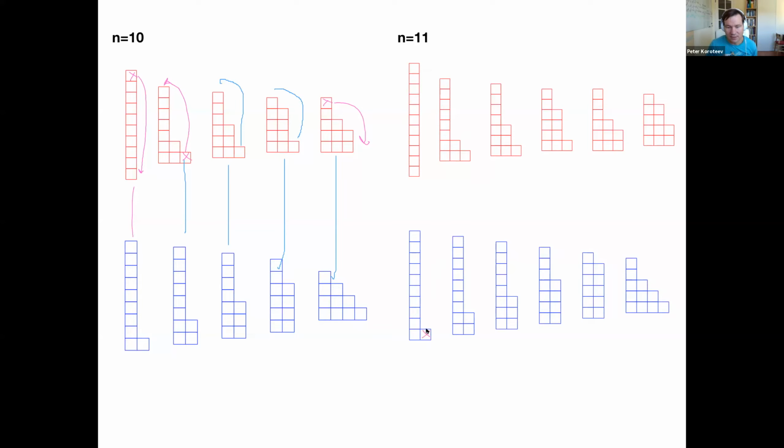If there's a block here, you move it up. There's a block here, you move it up. These guys, we move it up. These guys, we move it up. And then here we move it up, right? And then they correspond. Is it right? This one corresponds to this one.